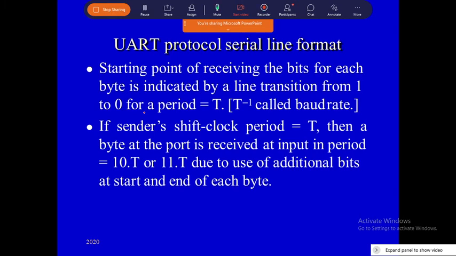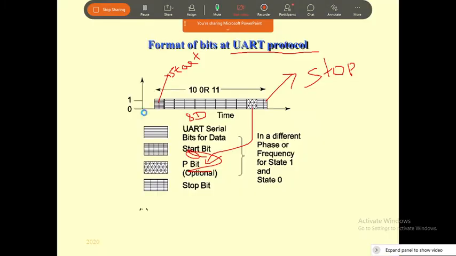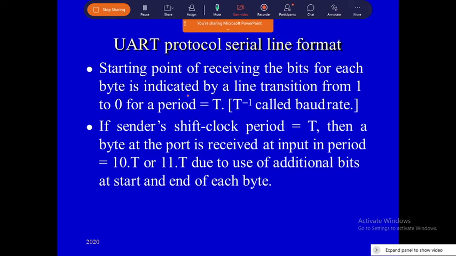Previously, in the synchronous serial input output, it used 8 bits for transmitting the data, so it was 8T only. Here in the UART, it is going to use 10T or 11T.